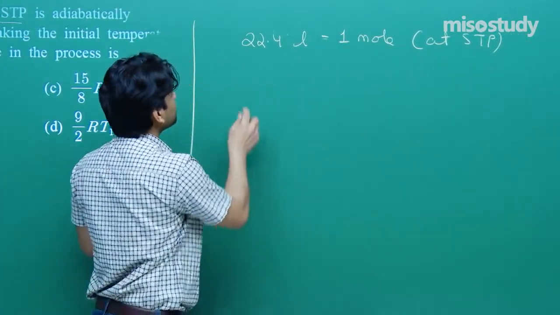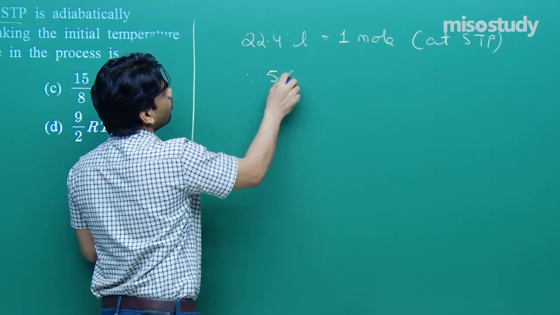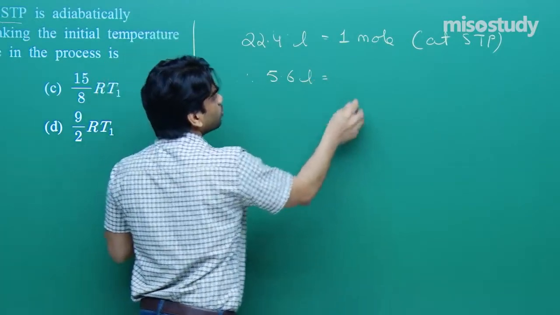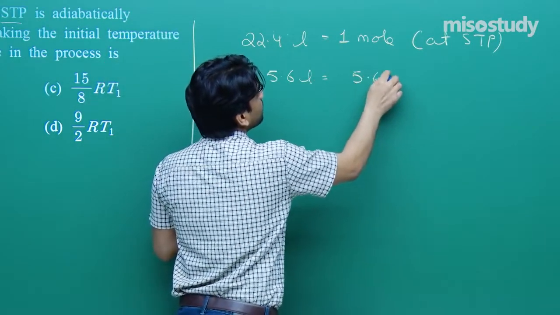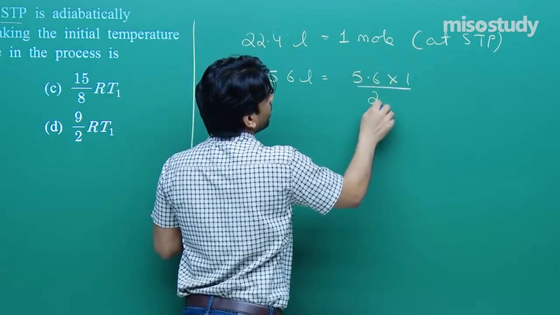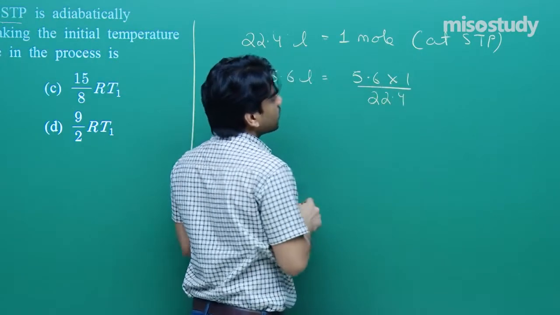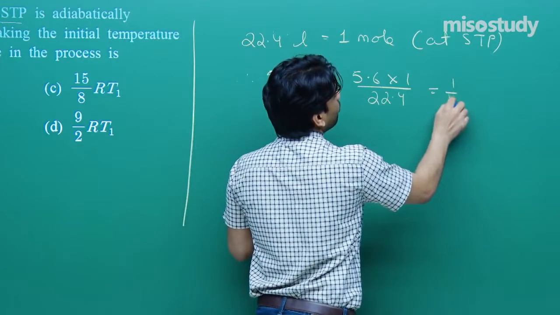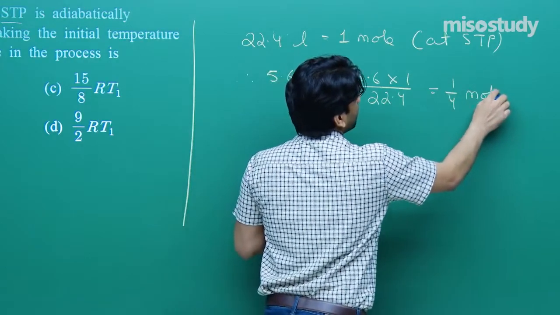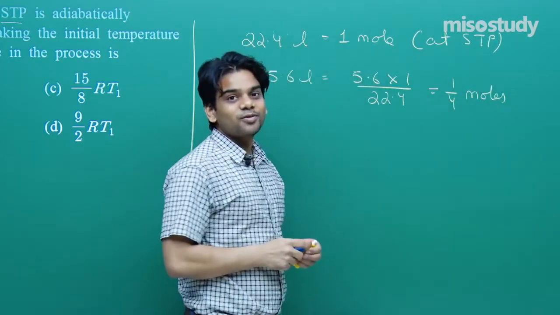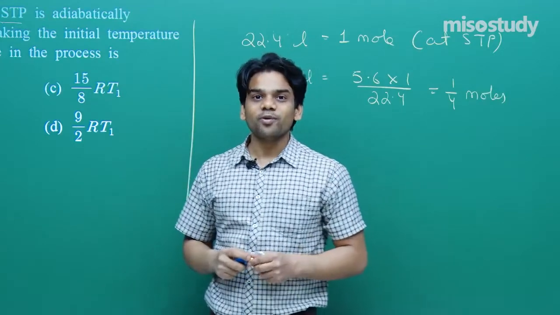So 5.6 liter will be equal to 5.6 multiplied by 1 divided by 22.4, that is equal to 1 by 4 moles. That means the gas contained within the container is 1 by 4 moles.